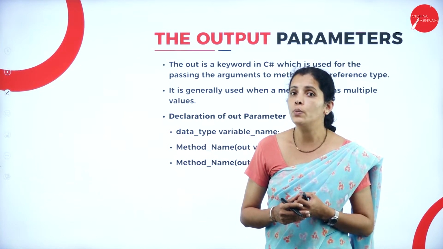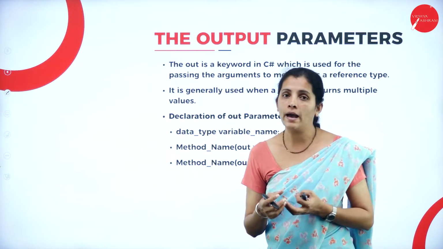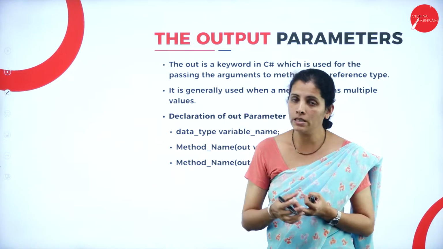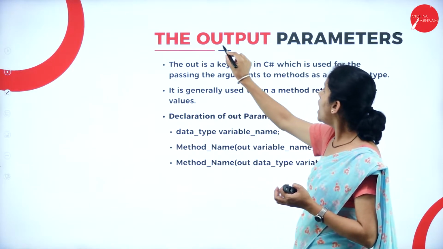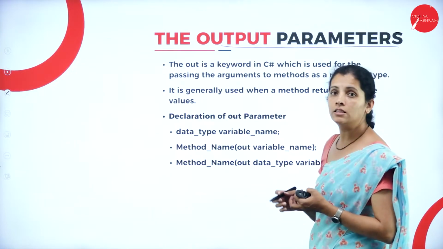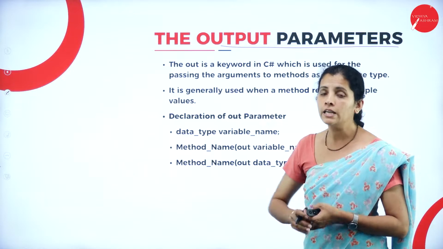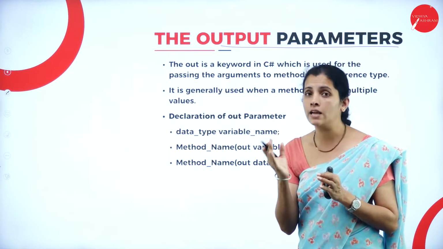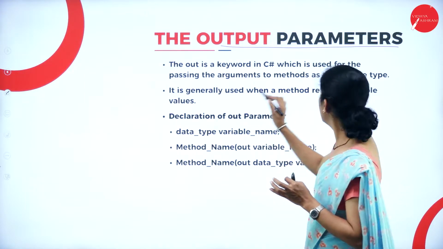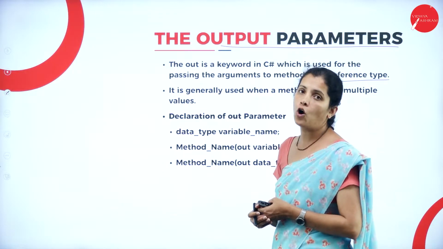Under that, we discussed multiple or default parameter, named arguments, etc. Now, the output parameter is also one type of parameter, but it's mainly used to pass reference type. So when I say it is of type reference, then it's nothing but the object.